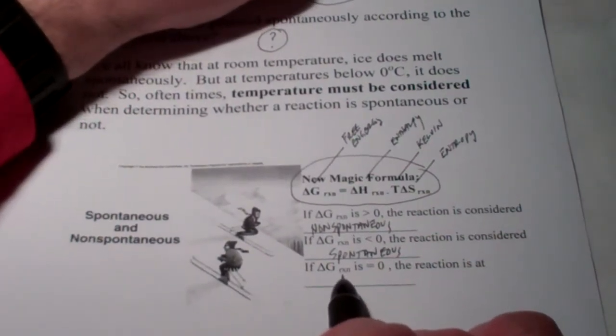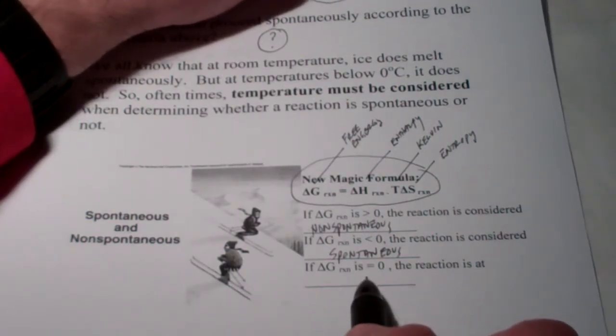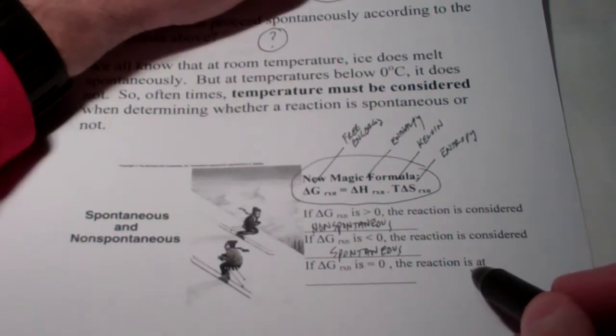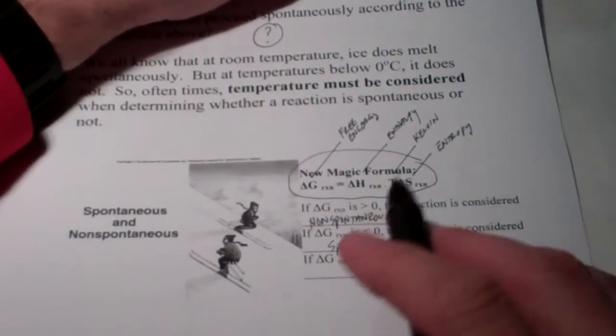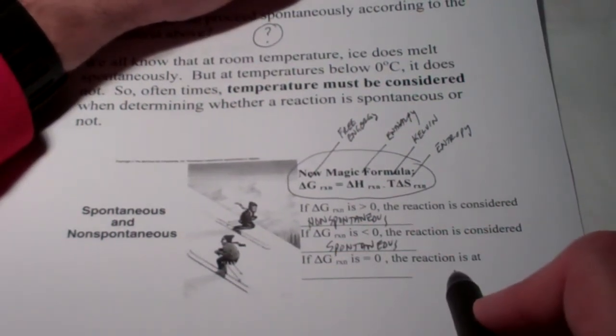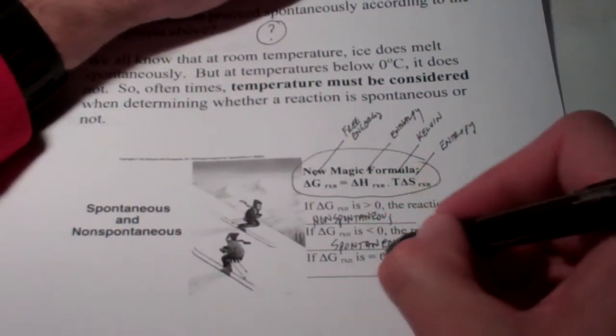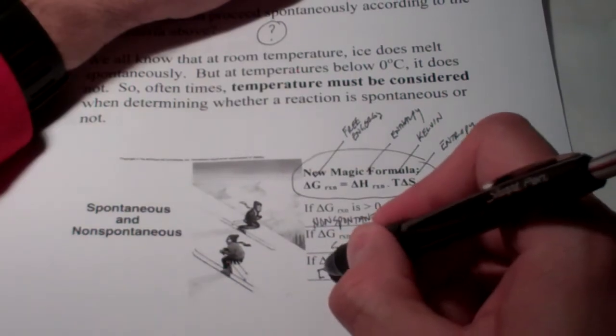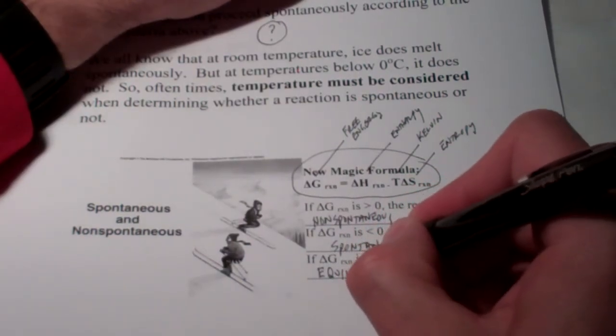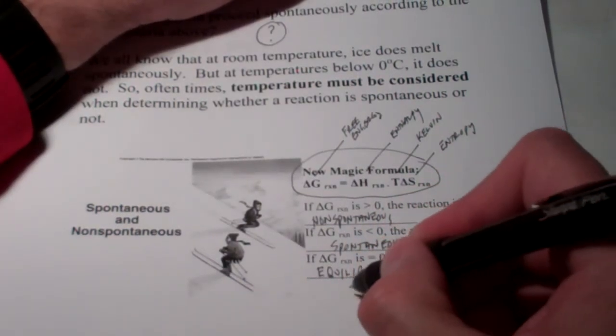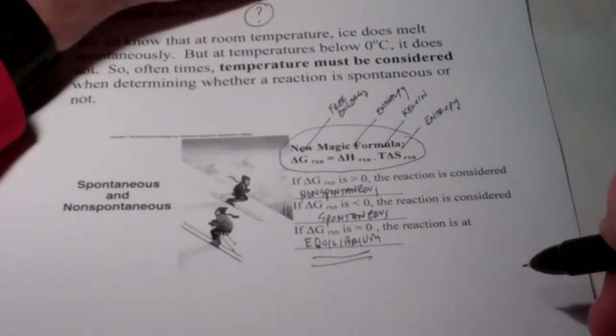And then finally, what if delta G is neither negative nor positive? What if it's 0? Well, we don't worry too much about this situation this year. We worry about it a lot more next year in AP. But for right now, in the example we're going to do, I'll show you that when delta G is 0, the reaction is said to be at equilibrium. You remember that word, don't you?